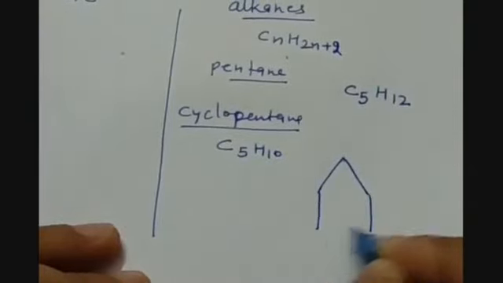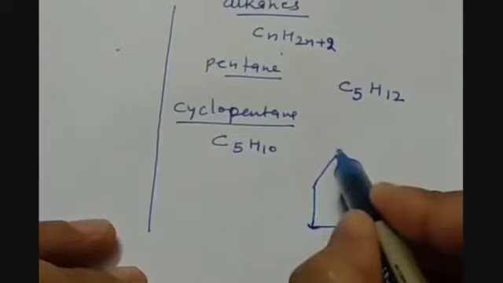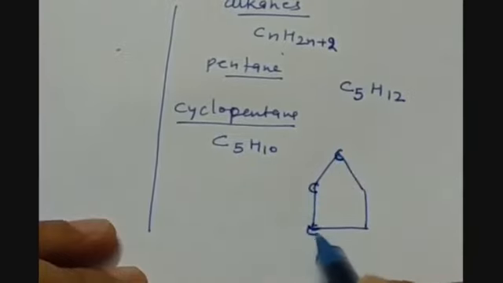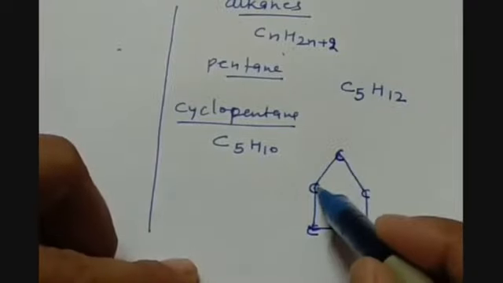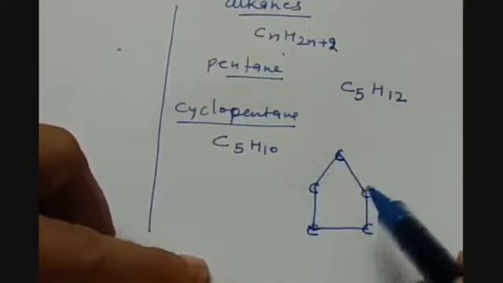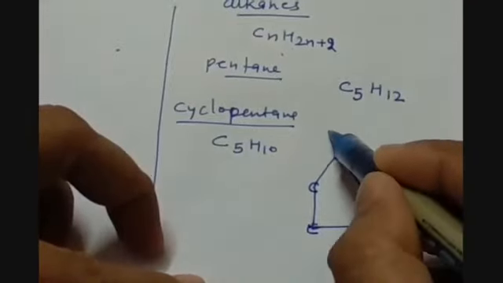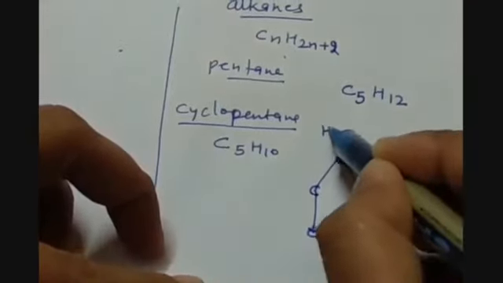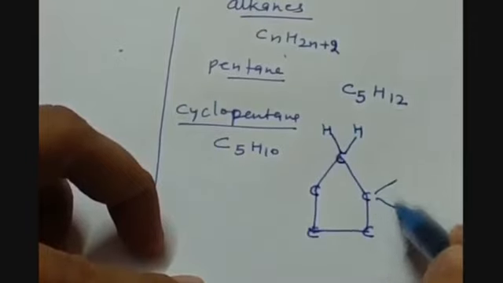So if we draw a cyclopentane like this, at each corner we have a carbon, and as each carbon is making two bonds with the adjacent carbon atoms, it needs just 2 more valencies to be fulfilled. So we will be having hydrogens.